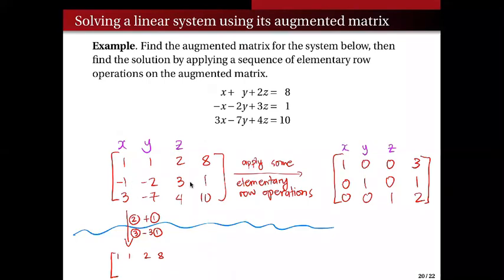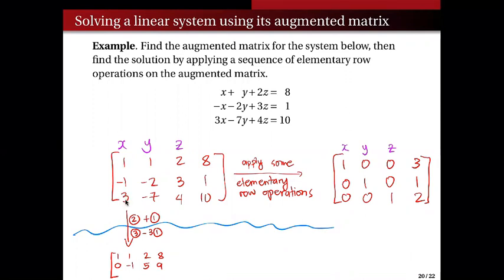And then row 2 becomes row 2 plus row 1. So this entry here, minus 1 plus 1, that's 0. Minus 2 plus 1, that's minus 1. 3 plus 2, that's 5. 1 plus 8, that's 9. Third row, we do third row minus 3 times row 1.